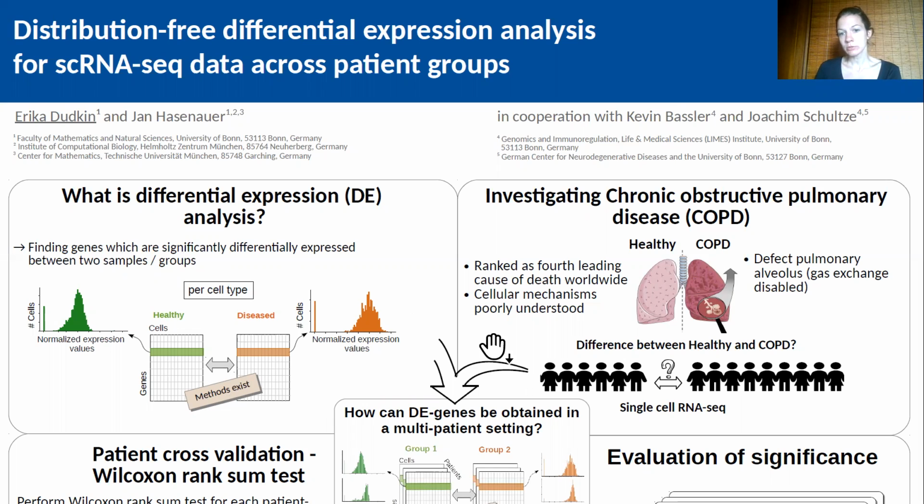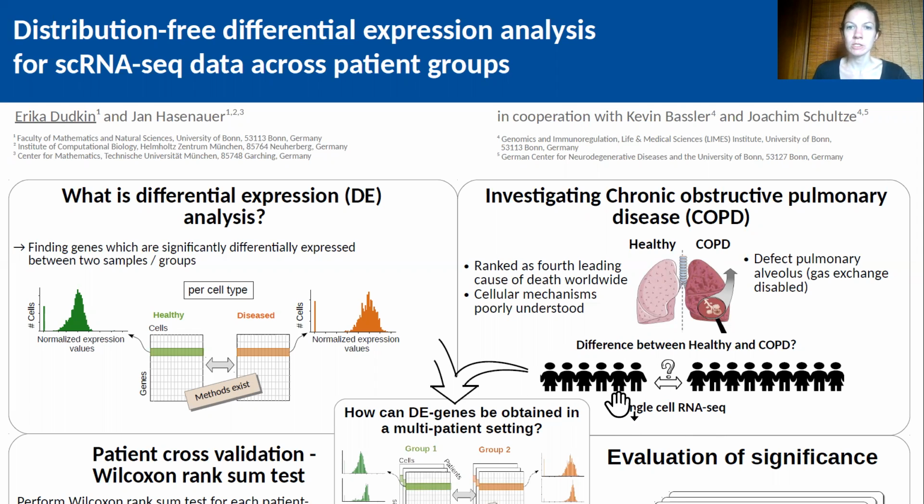But what if we want to compare multiple patients from one group versus multiple patients from another group, and want to find the genes that are significantly differentially expressed between the two groups, while also preserving the patient intervariability within one group?